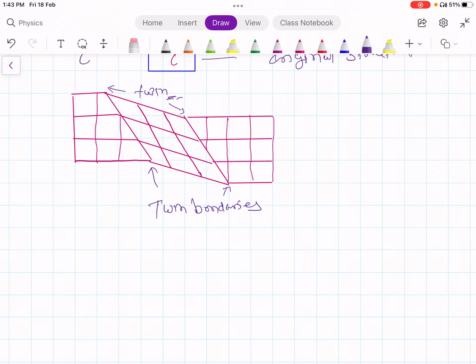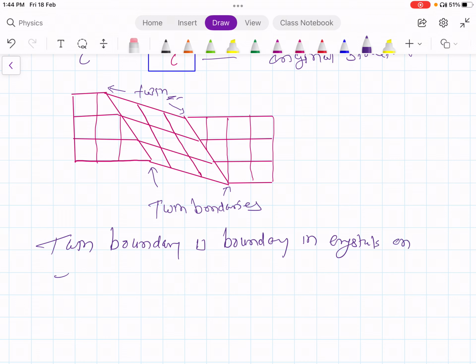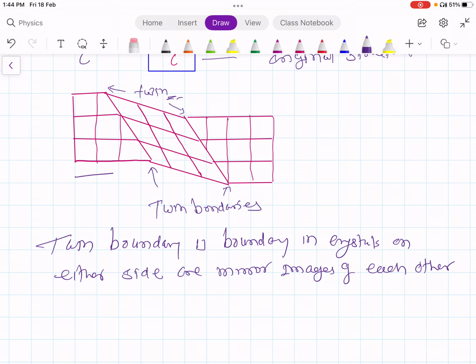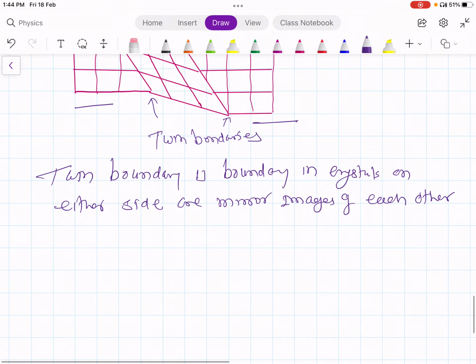So we can say that a twin boundary is a boundary in the crystal on either side of which the crystals are mirror images of each other, and the sequence is restored if there are two twin boundaries. So that was about the twin boundary.